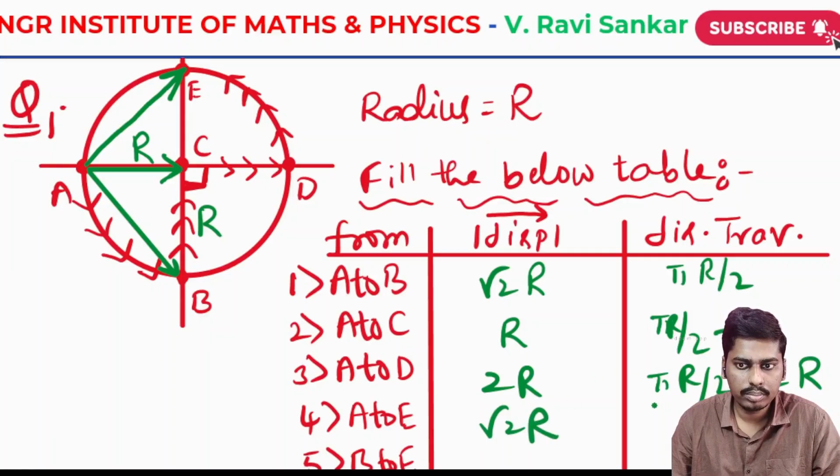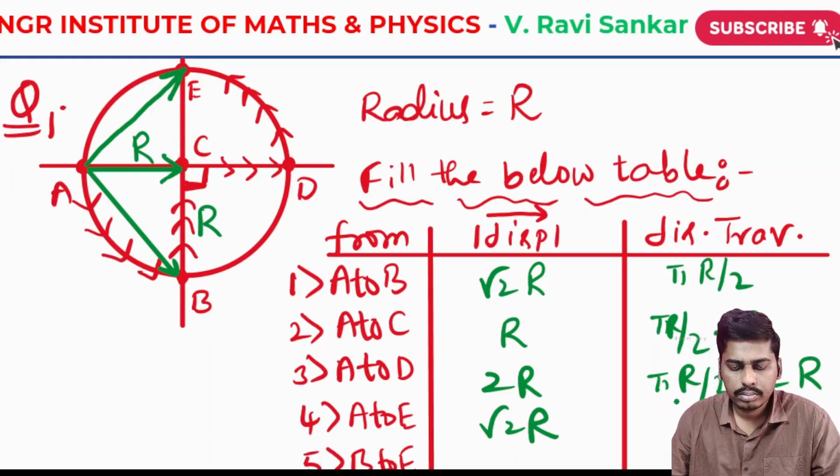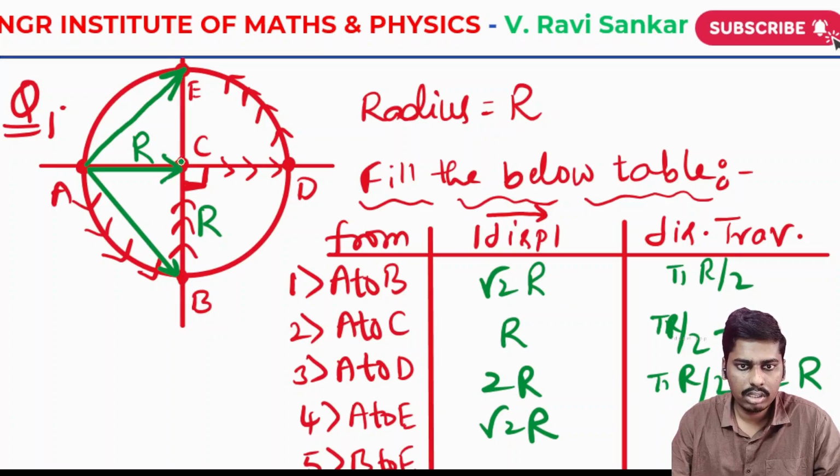And the distance from A to E is pi r by 2, r, and pi r by 2, r, and pi r by 2, which is pi r plus 2r.